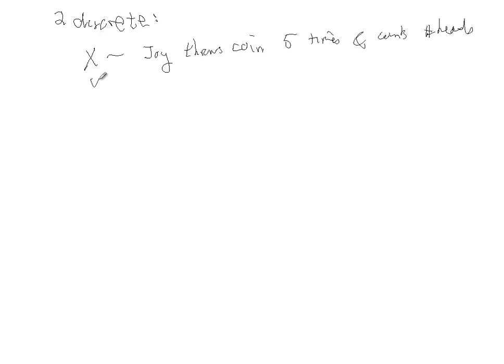And let's do X1 and X2, because we've been doing that. X1 is this, X2 is Roy throws a coin 3 times and counts the number of tails.